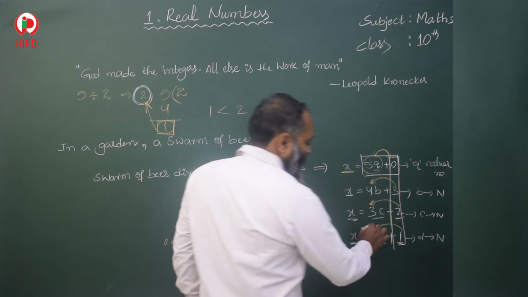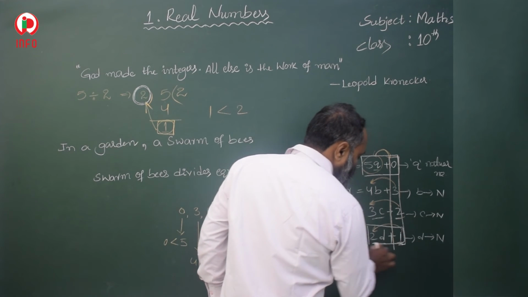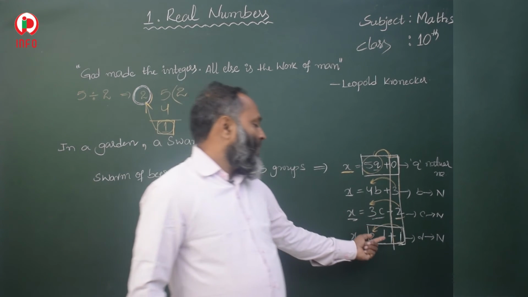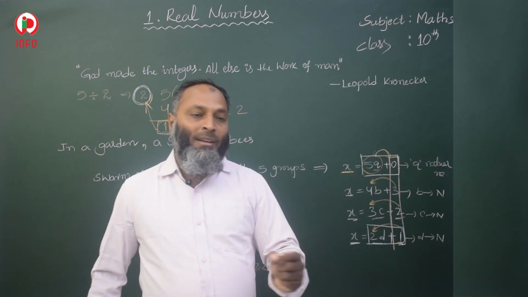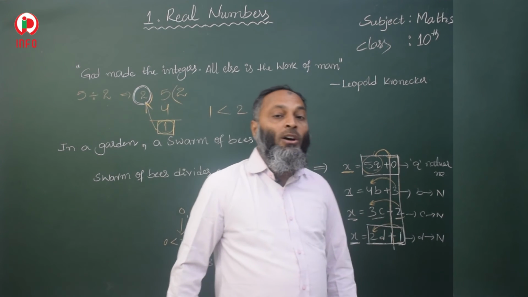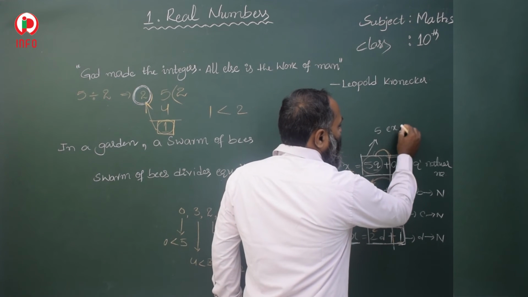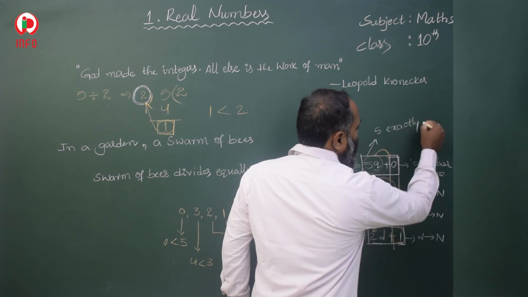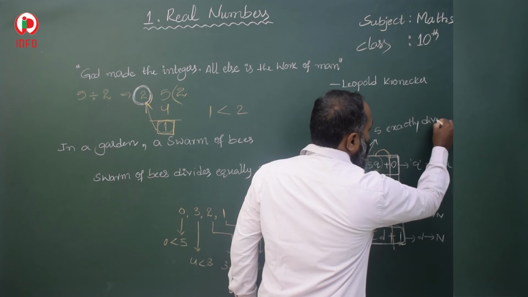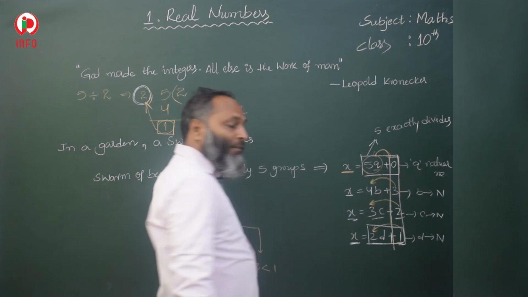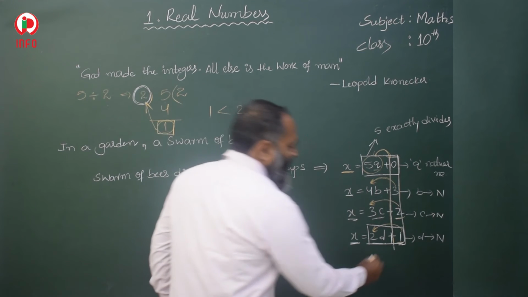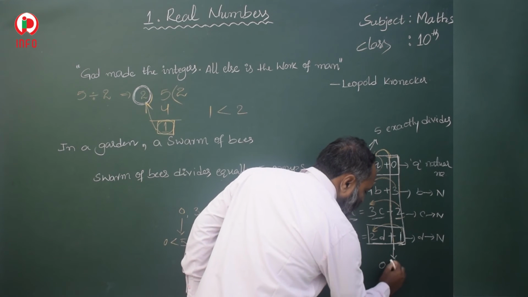Then the last one, 2d plus 1: here 2 divides the number and the remainder is 1, which means an odd number.